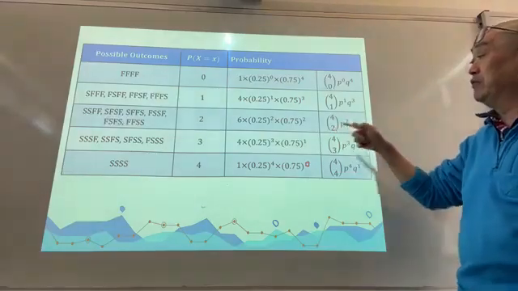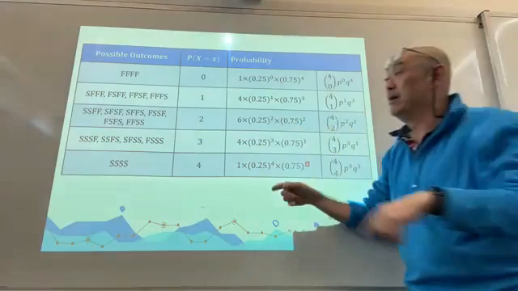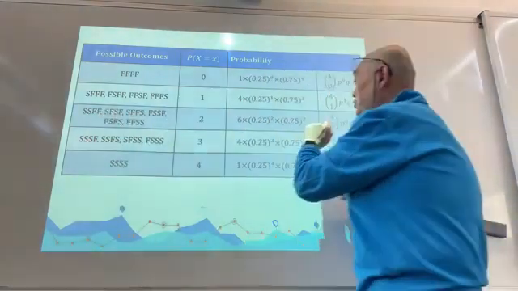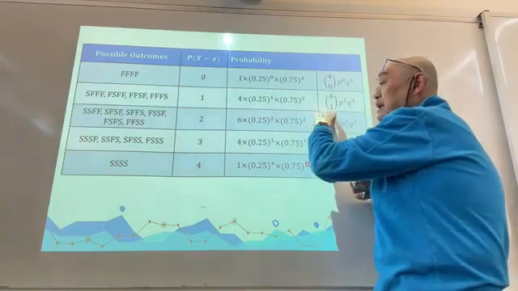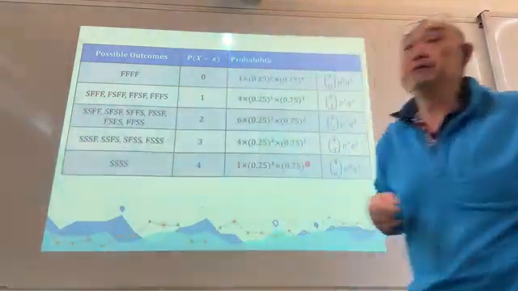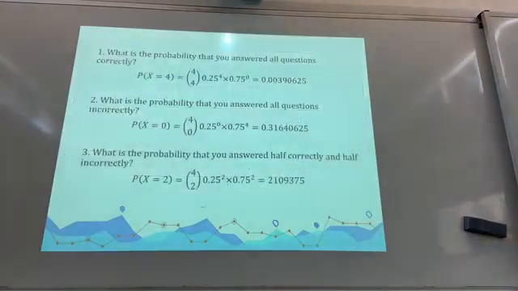And the probability of 2 correct is 0.25 squared and 0.75 squared. So I've got to choose 2 questions out of 4. That will give me 6 combinations. Agree? Therefore, I need to have 4 choose 2 correct, 6 combinations, and then your probability.